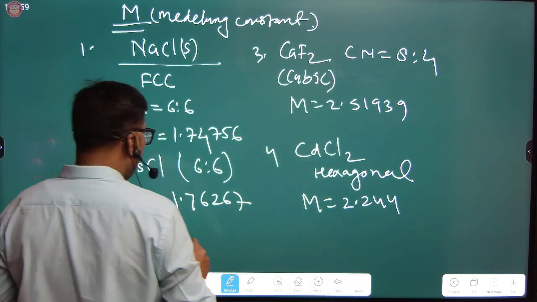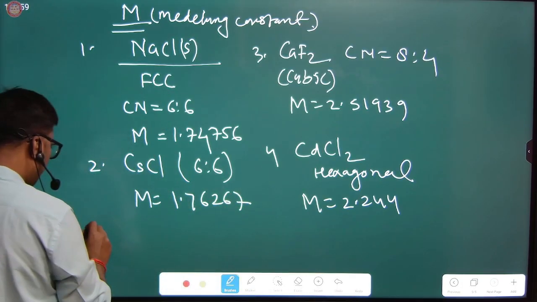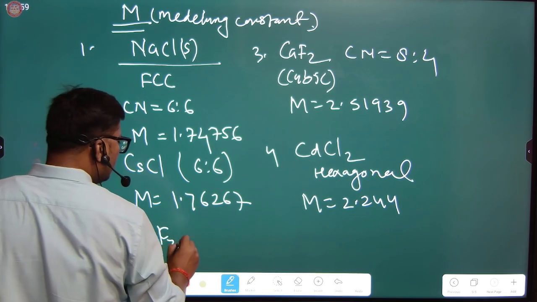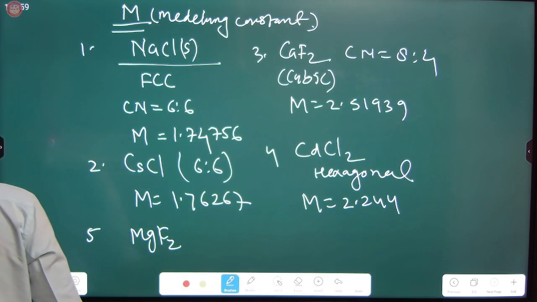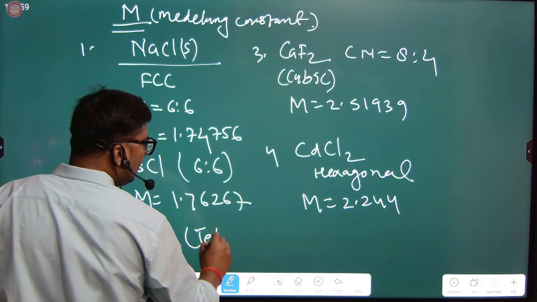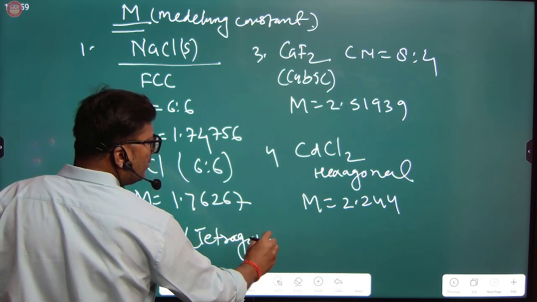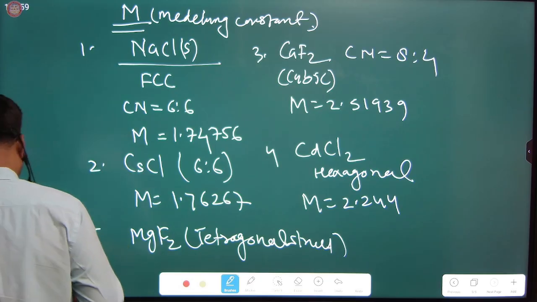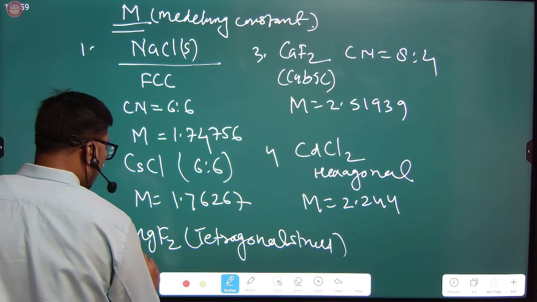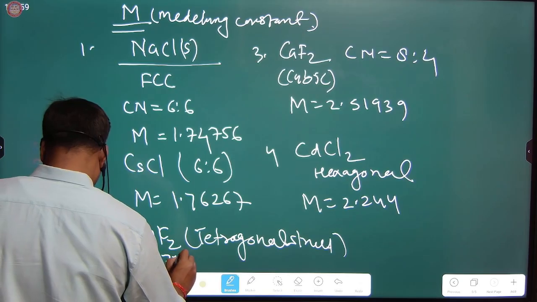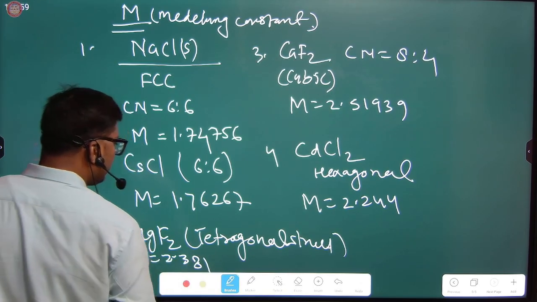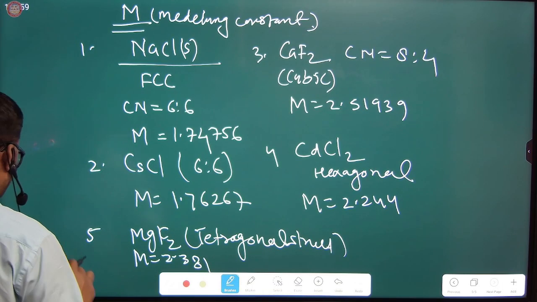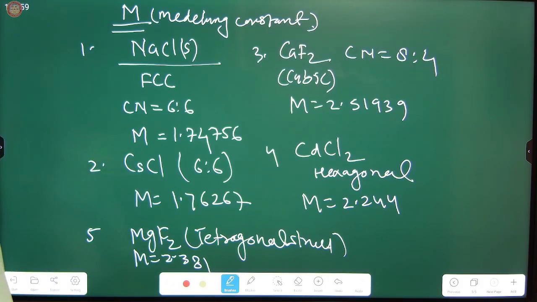And similarly, this is the fifth example, magnesium fluoride. It has a tetragonal structure, so it has the Madelung constant M equal to 2.381, right? So in this way, you can say that different geometries have different Madelung constants.